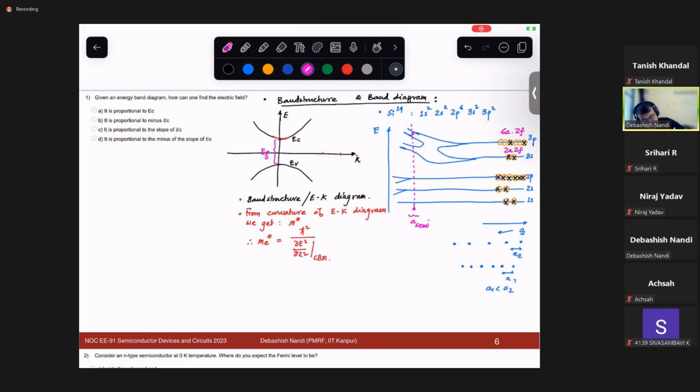So at this place, 4 are available and 4 are filled, and in this case 4 available, 0 filled. So this creates your conduction band and this creates your valence band, and this distance creates your band gap in semiconductors.